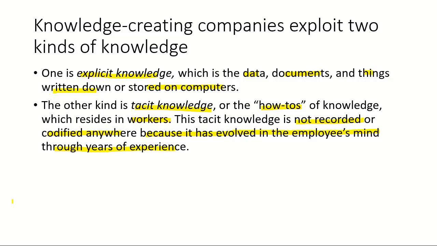So, how are we going to record tacit knowledge? It could be through experience. For example, your mother is one of the best chefs of a particular food, and how will the preparation of that food be transferred to the next generation? That is an example of tacit knowledge, how-tos. For example, if your father is a good driver, how could he pass the knowledge to the younger generations?